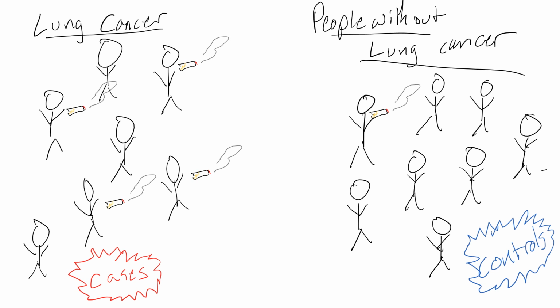The general idea is that if more people with lung cancer have a history of smoking than people without lung cancer, we say there's an association between smoking and lung cancer. In this example, 4 out of 7 of those with lung cancer have a history of smoking, compared to 1 out of 8 of those without lung cancer.